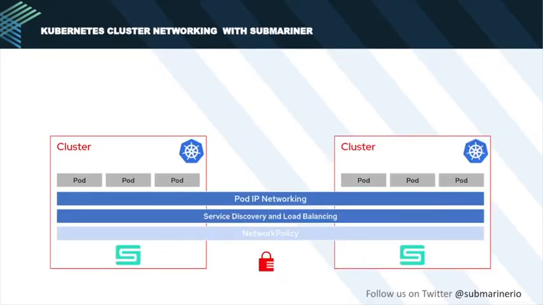When you have two clusters with Submariner, this pod IP networking becomes a flat network, unless your clusters have overlapping IPs, but we have solutions for that.